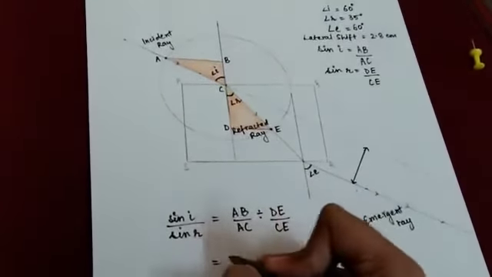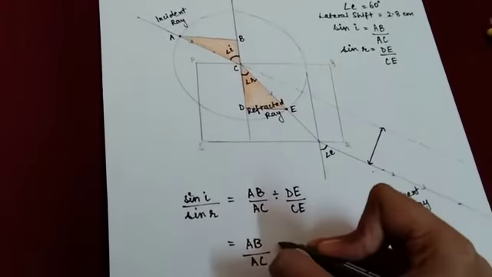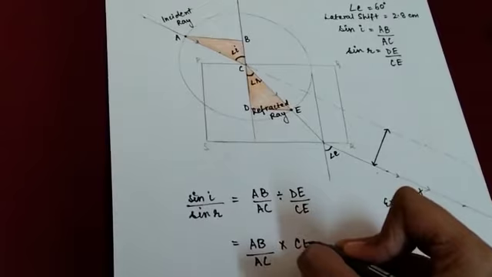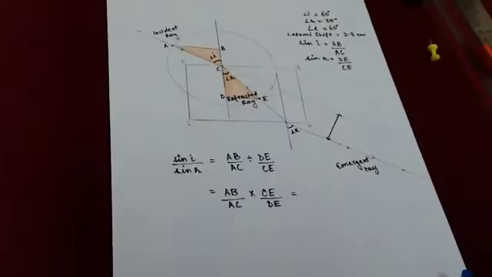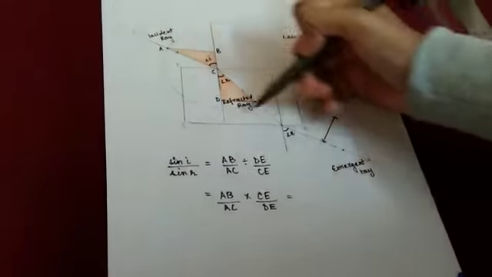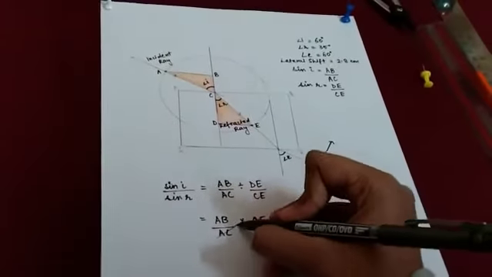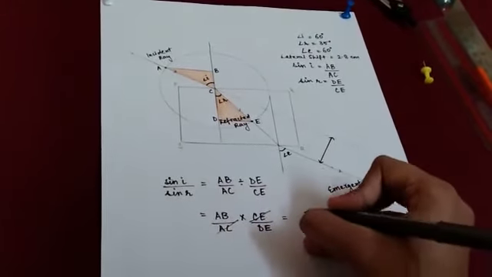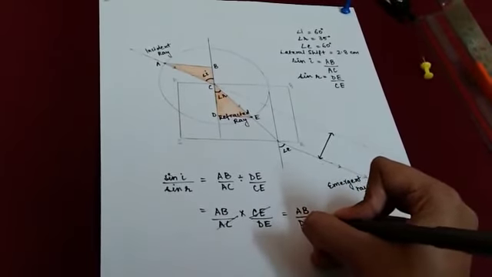We can write it as AB upon AC into CE upon DE. Now we can see that CE and AC are the radii of the same circle, so they are equal. So we'll cancel them out and it comes out to be AB upon DE.